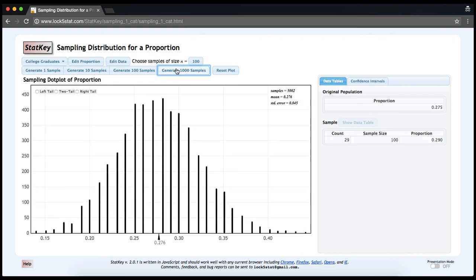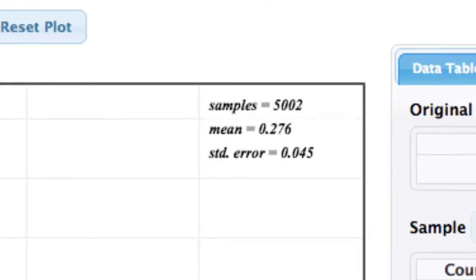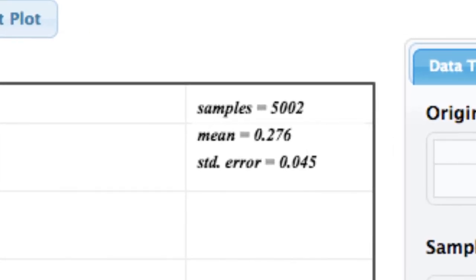In addition to being able to see a visual representation of the sampling distribution in this dot plot, which we can see in this case is approximately normally distributed, in the upper right-hand corner of the plot, we are given the mean of the sampling distribution and the standard error. The standard error is the standard deviation of this sampling distribution.